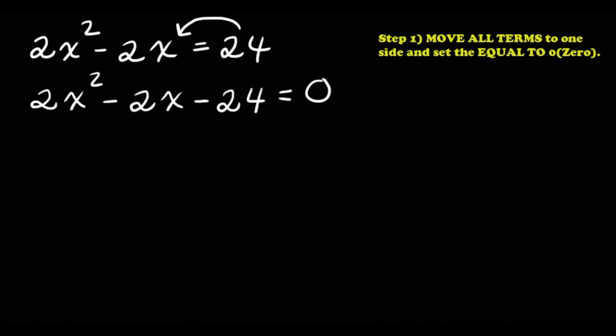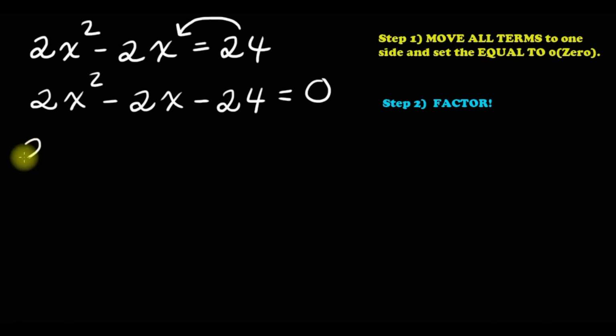Now step 2 is we have to factor this trinomial. You can see that 2 is the greatest common factor because 2 can go into 2, and then 2 can go into 2 here, and then 2 can also go into 24. So you can pull out a 2 to make it easier to factor.